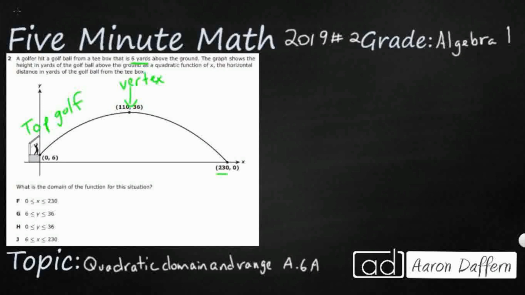All right, so we are looking simply for the domain. All right, so what is the domain? And we don't want to confuse it with the range. These two terms are typically paired together. So let's start with the domain because that's what we're looking for. So the domain is the set of all possible independent variable values.